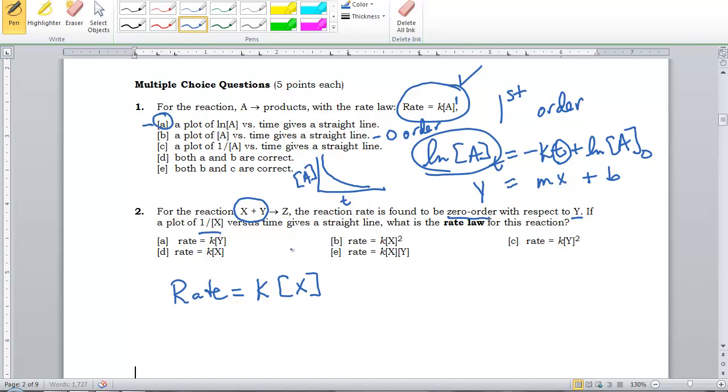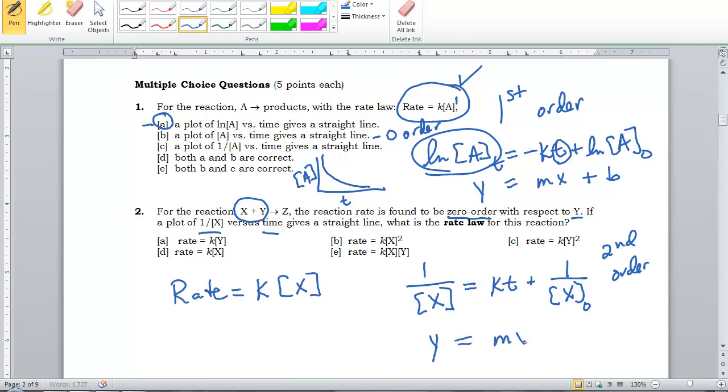Now, we do need to know what the exponent is, and that's where the plot comes in. A plot of 1 over concentration versus time gives a straight line. And that's what I was mentioning up above. 1 over concentration, and in this case we are using x rather than a, but that's okay. This is the second order integrated rate law that is linear.